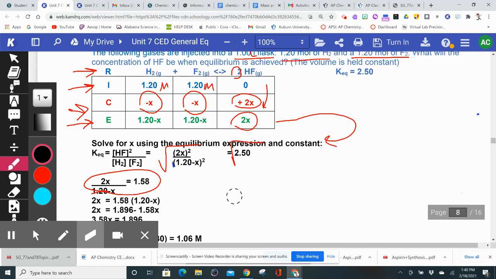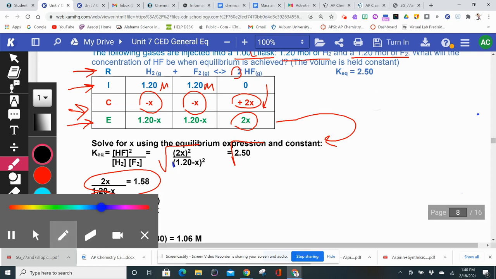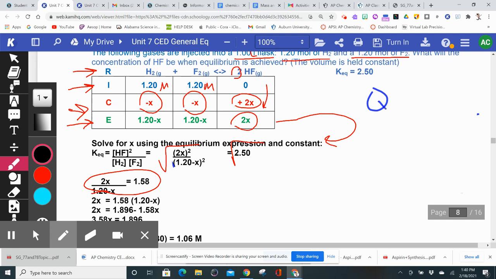Don't forget the little mnemonic thing that they talked about. I think I mentioned this before, where if Q is greater than K, determining which way that reaction goes, if you flip that around and put K on the left, then the less than or greater than sign will always tell you which direction the reaction will proceed in.